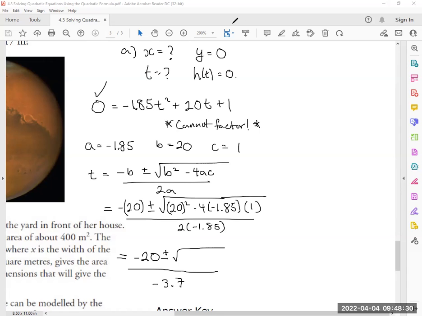Actually, solve what's underneath and then do the square root. What do you get here? I got 20 point, I'm going to round it, 1/8. Just double check for me.